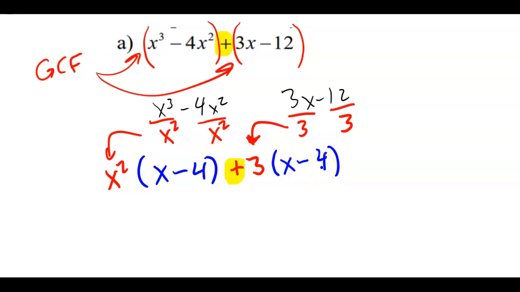And what you should notice now, if your problem actually does factor by grouping, and if you did all your steps correctly, then you should see that the leftover factor set is identical. And that is actually what has to happen to make this work.